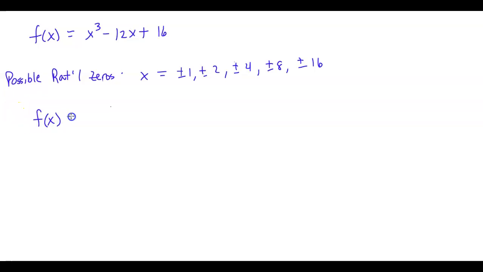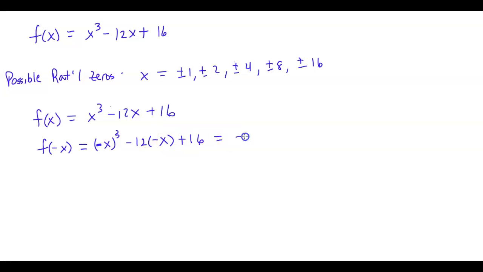And so what we're going to do is look at the sign changes of f of x as well as f of minus x. Of course, f of x we'll just write as is. For f of minus x, everywhere where we see an x, we put in place of it a negative x.